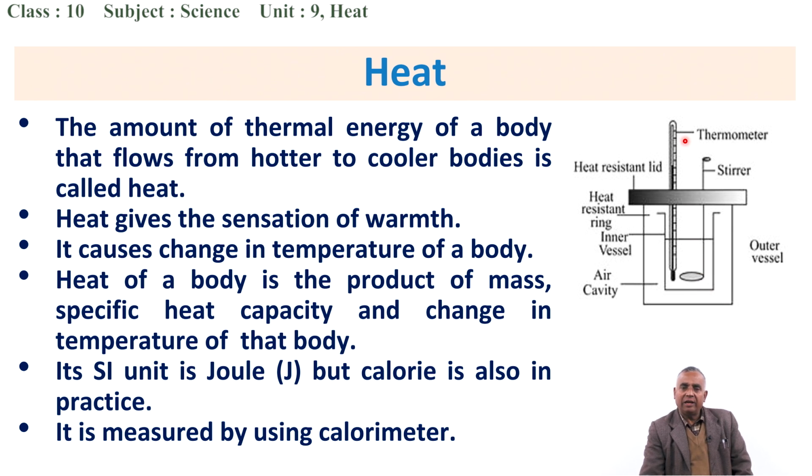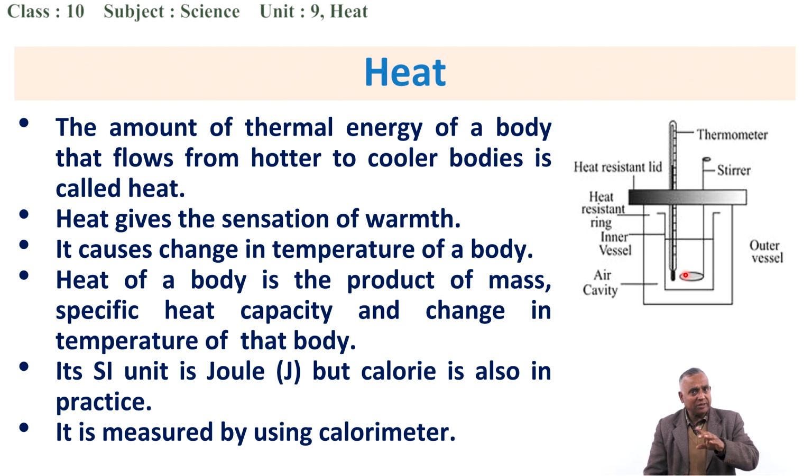And here is a thermometer and a heat-resistant lid, an insulator. This whole apparatus is used to measure heat, and it needs calculation also, for which we use the heat equation. Its application will be taught later.